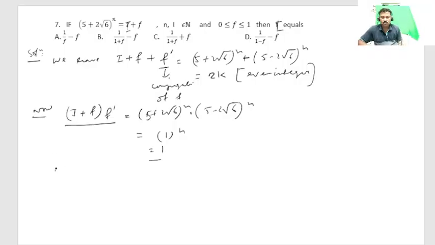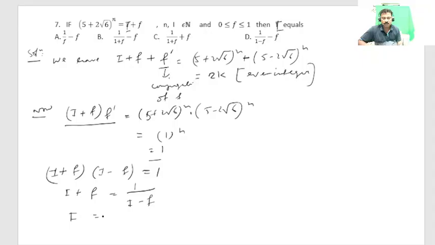So now I plus f into I minus f here 1, that is I plus f equals to 1 by I minus f. So I equals to 1 by I minus f, here minus. This is the correct answer.